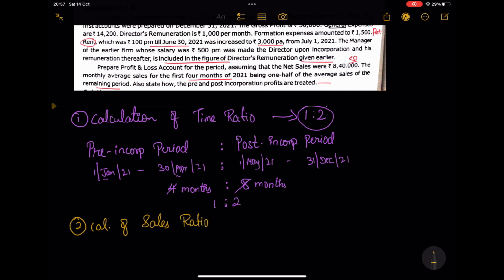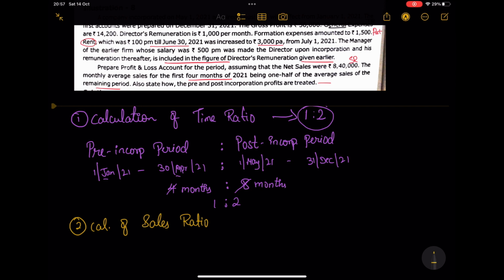So as usual, pre-incorporation is to post-incorporation. Monthly average sales for the first 4 months of 2021 being one half of the average sales of the remaining period.